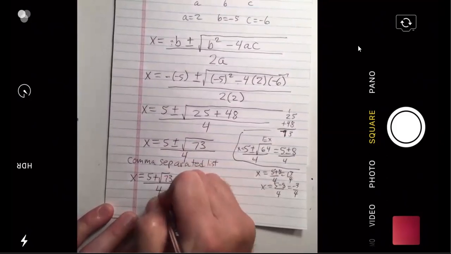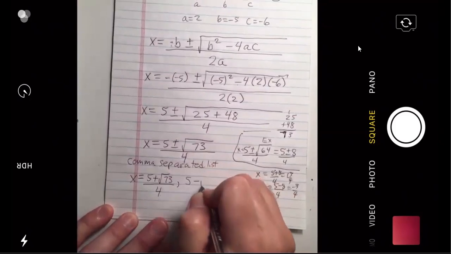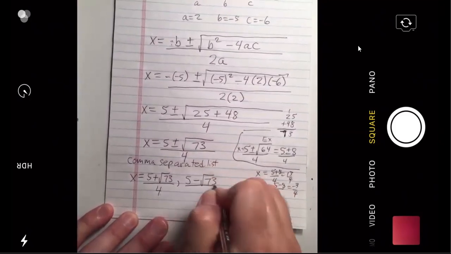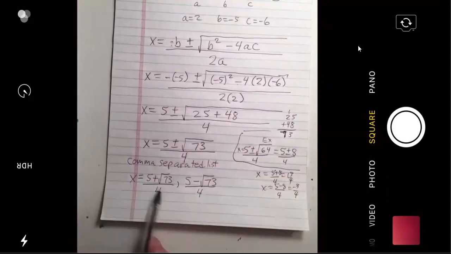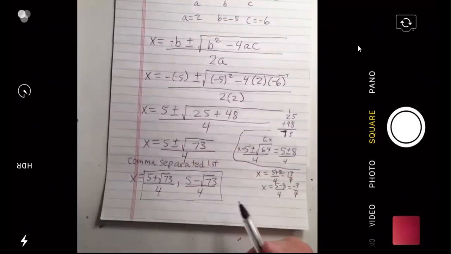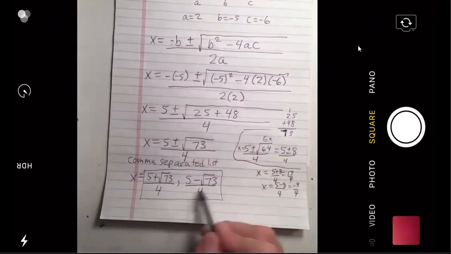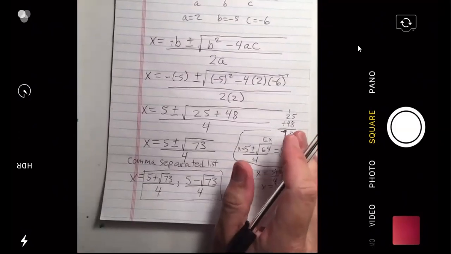So you put this over 4, then you put a comma, and 5 minus the square root of 73 divided by 4. You can literally punch these out and get decimals, but a lot of times I think it wants this. This is probably in some sort of box, and there's a fraction button to the side where you've got to enter this. It's a little complicated. That's what I noticed that you might need to know.